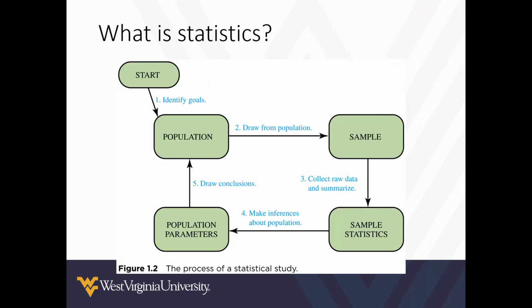In statistics, there is a specific pattern of study. As always, we start in the beginning by identifying our goals. What is our purpose? What are we trying to understand? From our goals, we have to identify and look at our entire population.